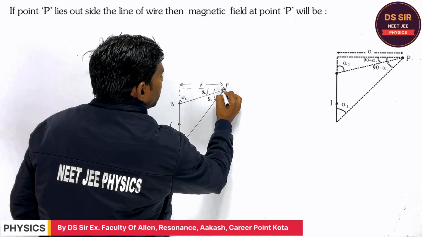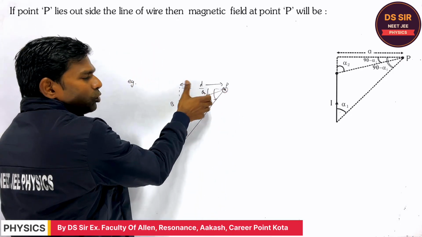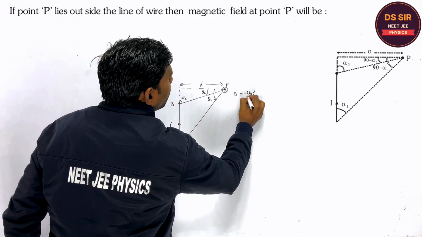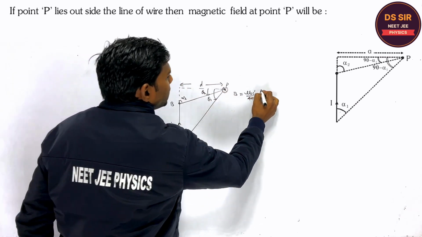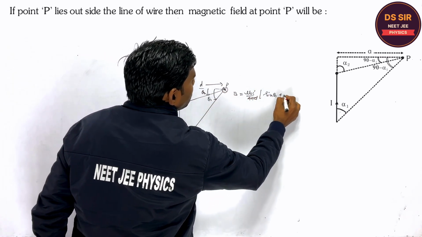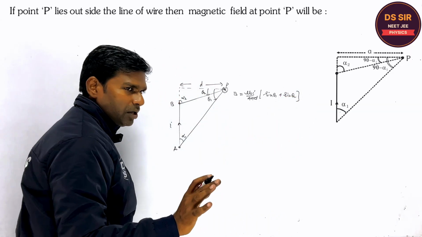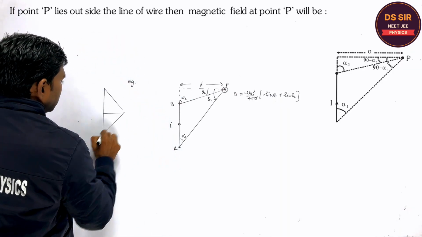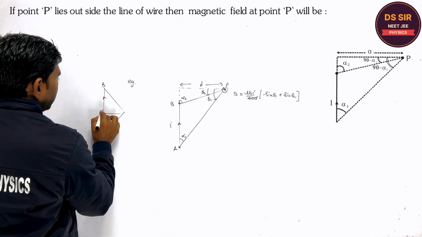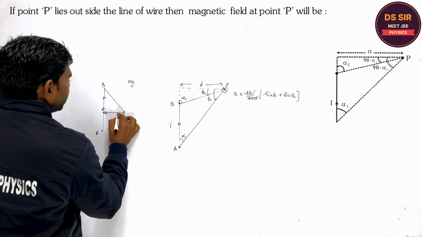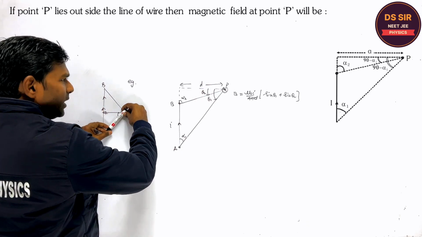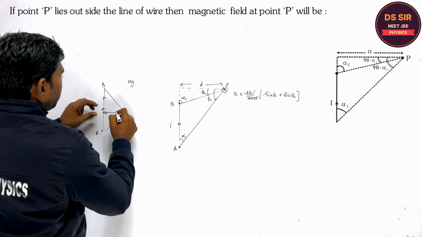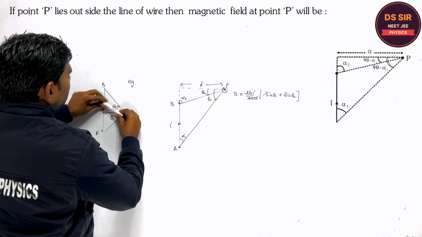Yes. So if you assume the magnetic field is into the board, what will be the magnetic field? B is equal to mu naught I upon 4 pi d, sine theta 1 plus sine theta 2. Is it clear or not? Yes. Listen one thing. If this is B, this is A, and the current is like this, this is the reference line. A is below the line, so it is taken as plus theta 1. And B is taken as plus theta 2 if it is above the line.